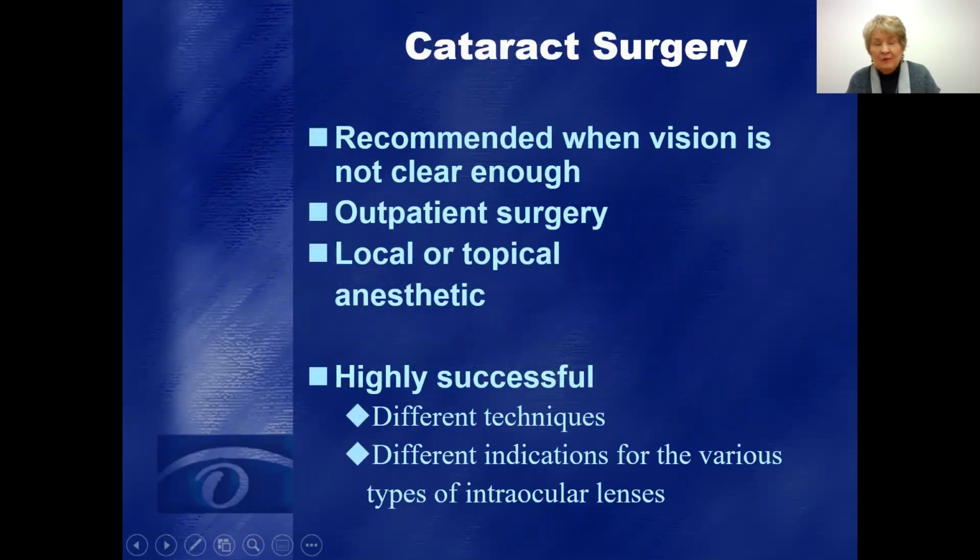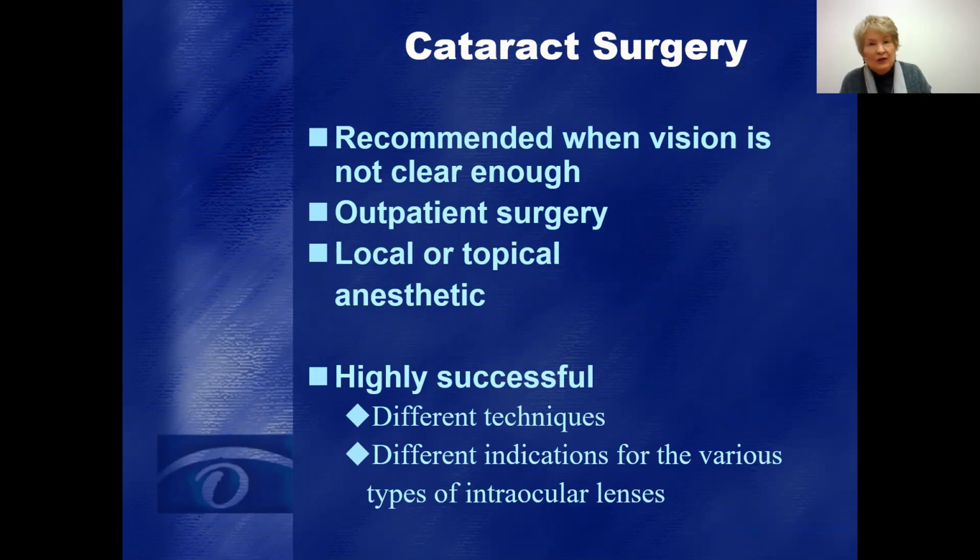So when do we recommend cataract surgery? Well, we recommend it when the vision is not clear enough for you to be able to do the things that you want to do in your normal everyday life. It's an outpatient surgery. It probably takes 10 or 15 minutes to do the surgery. It uses a local or topical anesthetic. Right now, it's done by a topical anesthetic, which means just some eye drops in your eye.